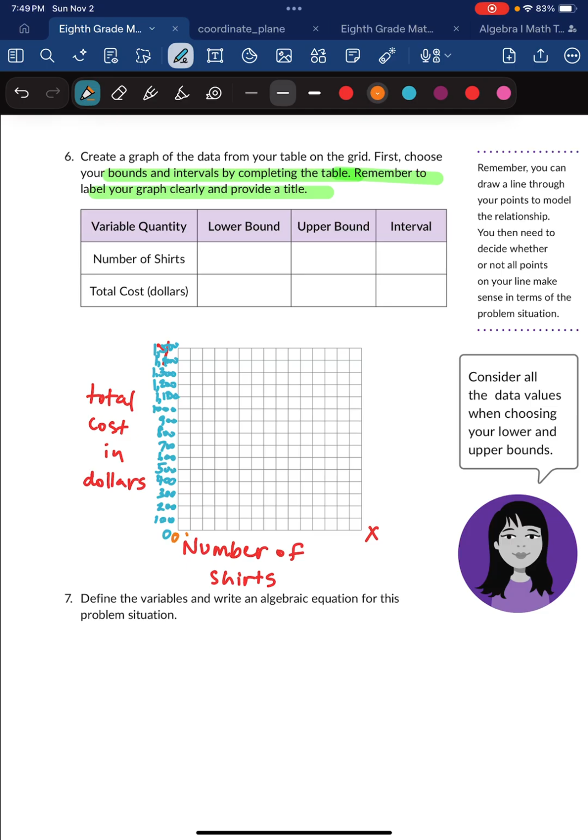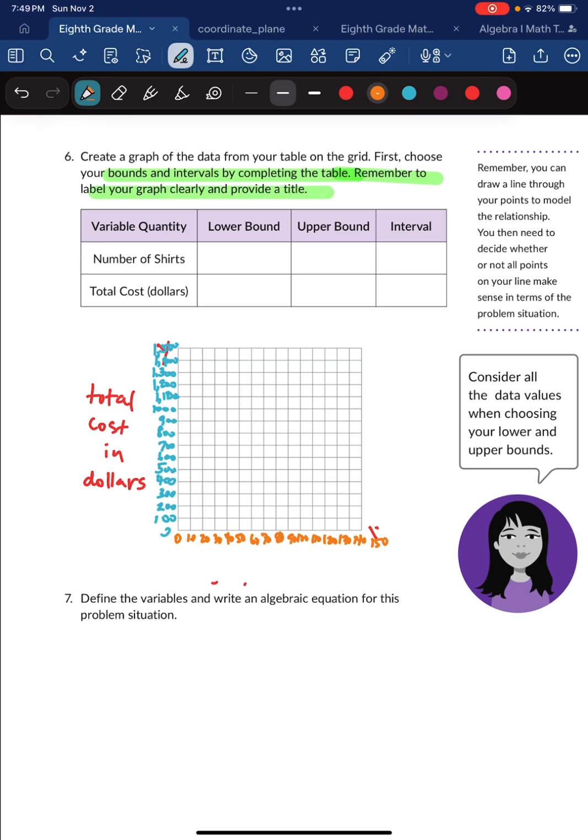So here's 0, 20, 40, 60, 80, 100, 120, 140, 160, 180, 200. I'm going to erase that because I think we can count by 10s. 0, 10, 20, 30, 40, 50, 60, 70, 80, 90, 100, 110, 120, 130, 140, 150. Okay, that's not enough spaces, but that'll work.